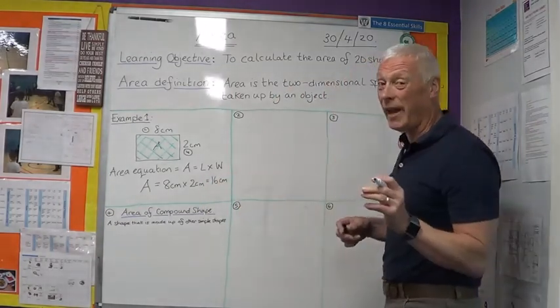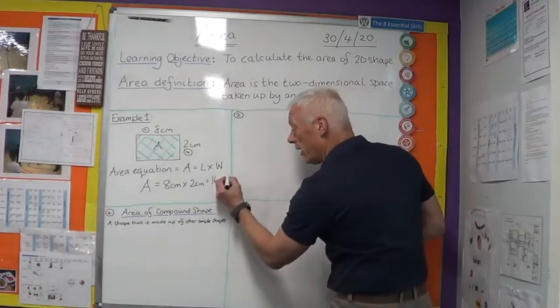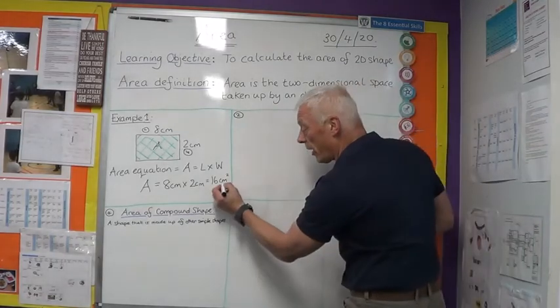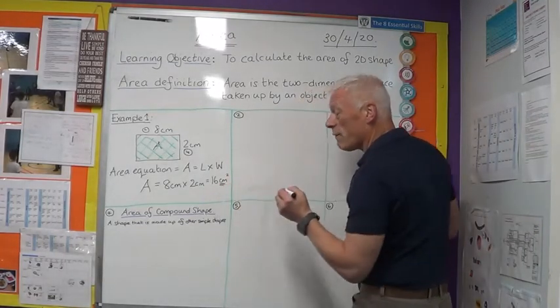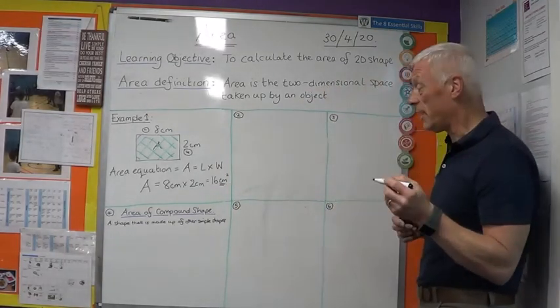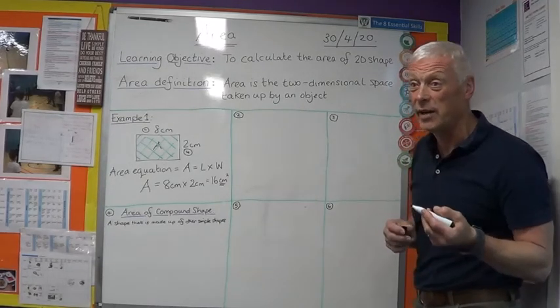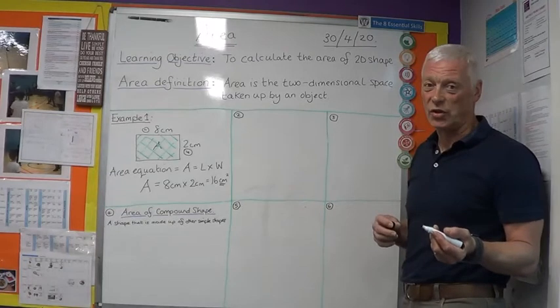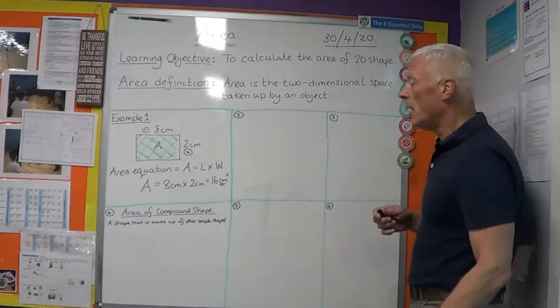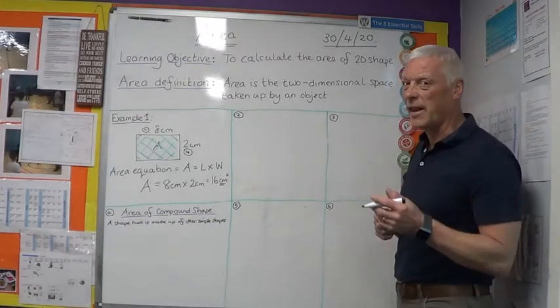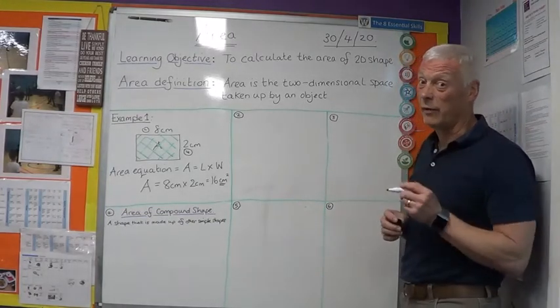The unit the area is measured in is squared. You must remember that. So the unit of measurement for area is whatever the measurement is, squared. So it could be centimetres squared, metres squared, inches squared. I'll give you a couple more examples, and then there are some worksheets at the end of this lesson for you to have a go at.